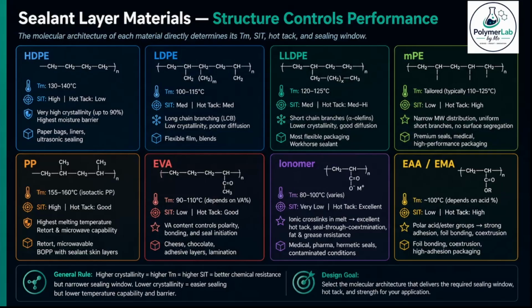The ionic domains act as physical cross-links in the melt, giving ionomers excellent hot tack even at low temperatures, seal-through contamination capability, and fat and grease resistance. These properties make ionomers the preferred sealant for pharmaceutical packaging and any application requiring hermetic sealing under contamination conditions. The trade-off: they are expensive, moisture sensitive, and challenging to process.